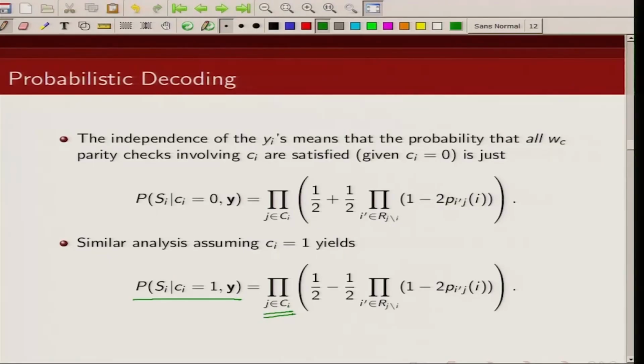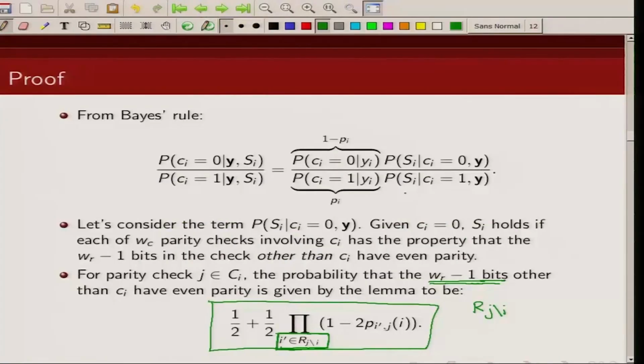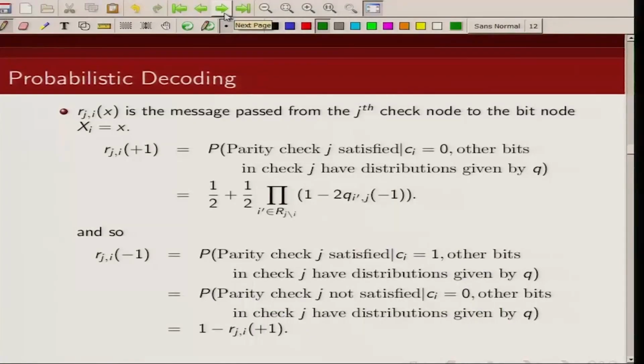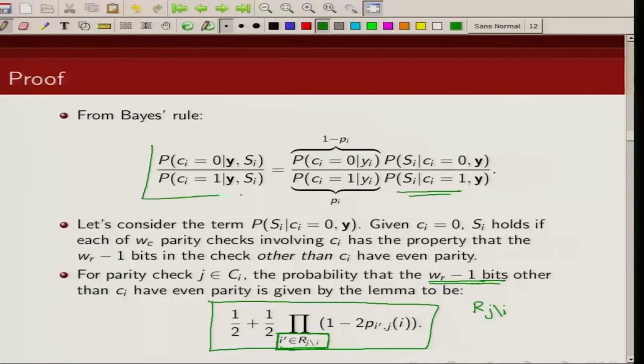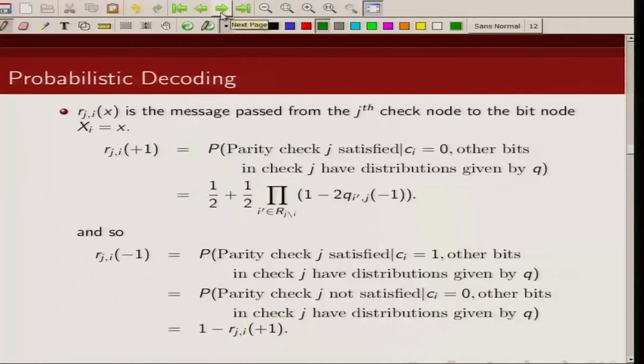So, this is the probability of this parity check constraint getting satisfied when Ci is 1, and this is the expression when Ci is 0. So, if I plug these values into my expression here, what I get is the expression for this. Okay.